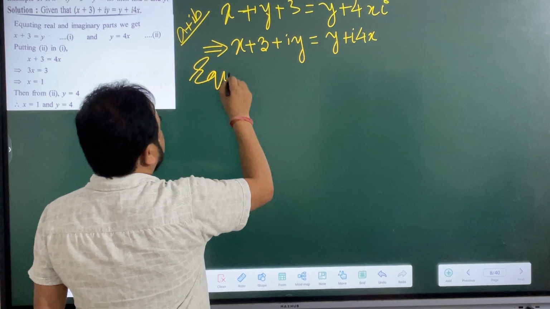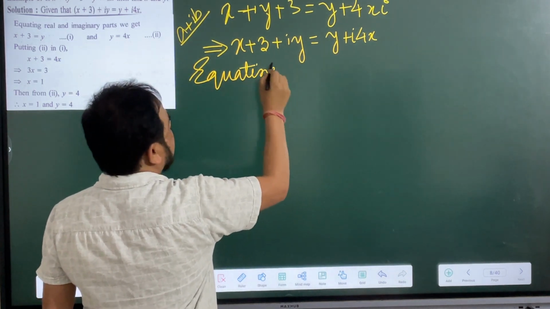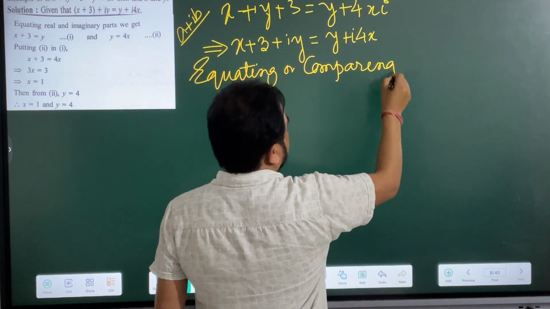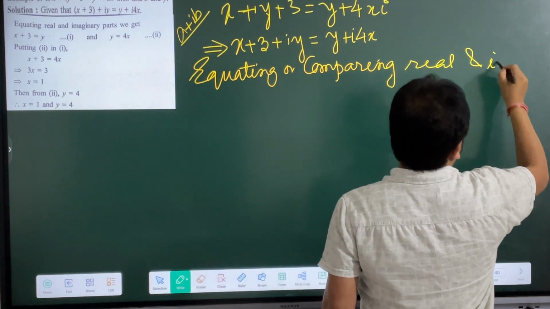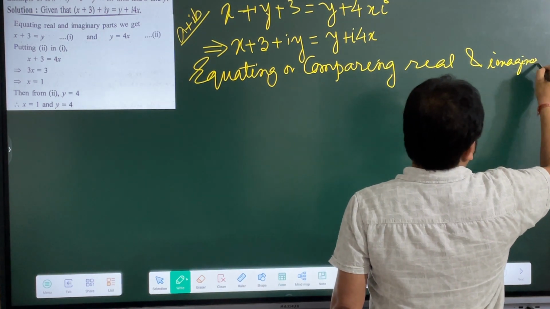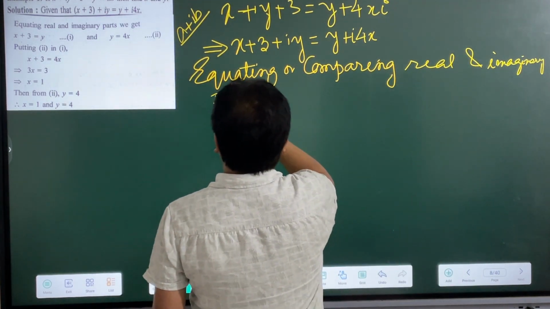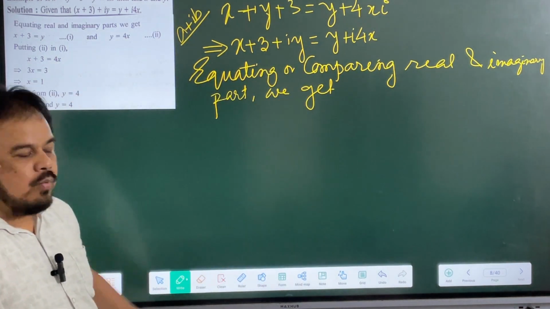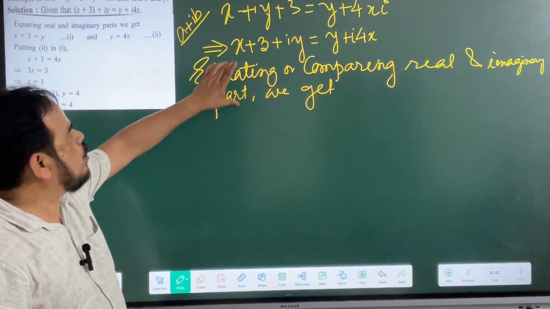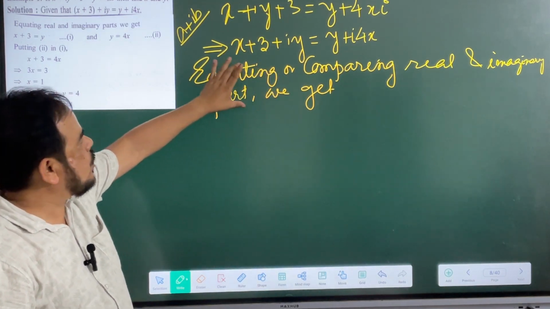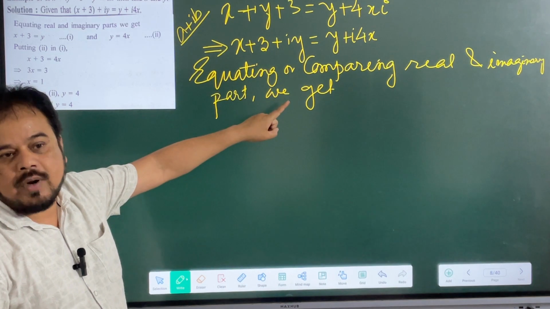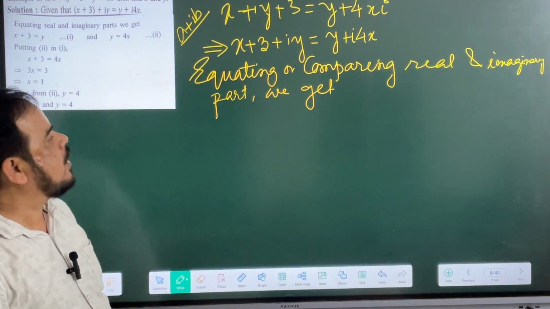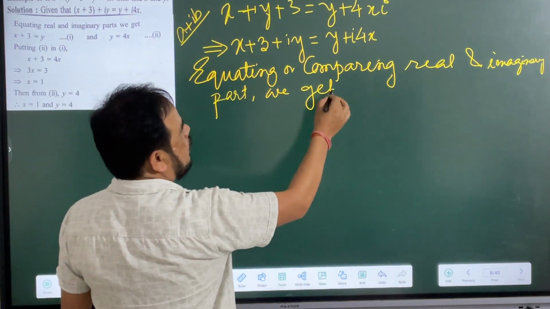Now equating, or you can use comparing, you can use any word, comparing real and imaginary parts, we get this. You have to write this whenever this type of sum comes in the exam. If you don't write this sentence, this part of the sentence, then you will not get full marks. Remember that. Simply doing the sum, you may not get full marks. So it is compulsory to write.